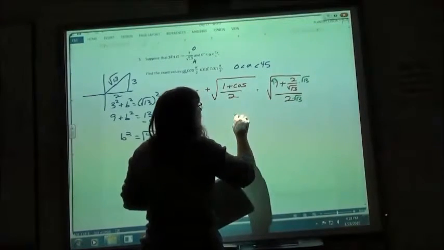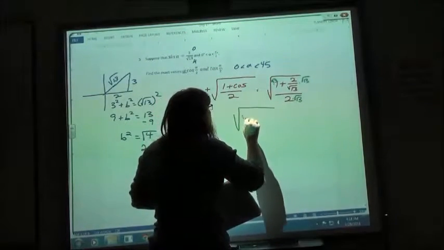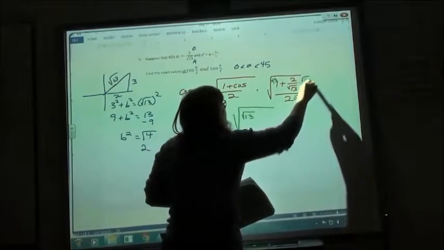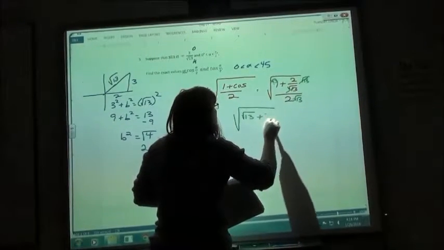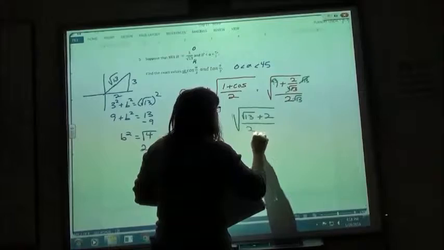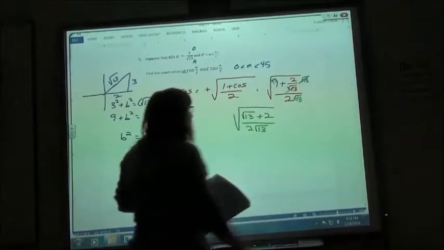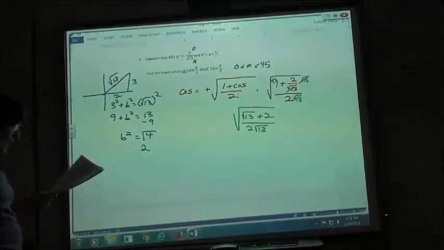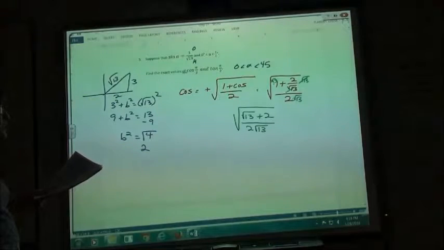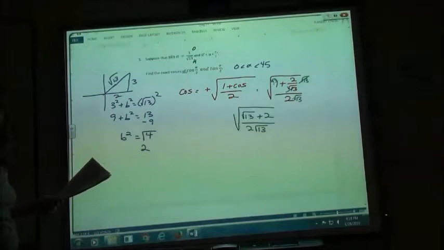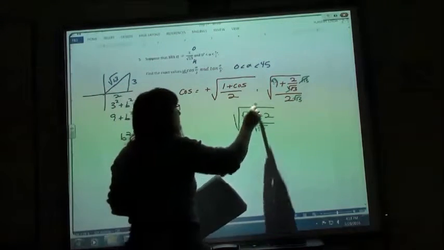So I'm going to get square root of the square root of 13, that cancels, plus 2 over 2 square root of 13. Can't do much else with that. I'm just going to put in that big, ugly, crazy looking answer.